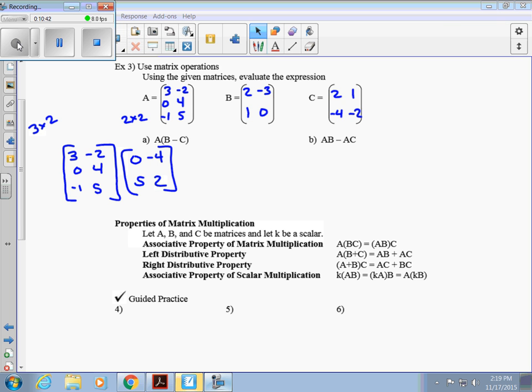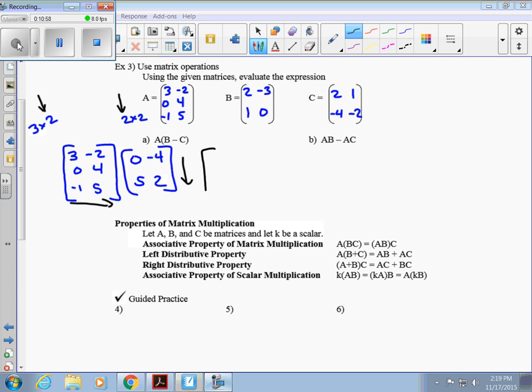So we notice that the columns in the first one are the same as the rows in the second one. So I can multiply these two. And again, we're going to go across and then down. And notice our matrix is going to end up being a 3 by 2 matrix.